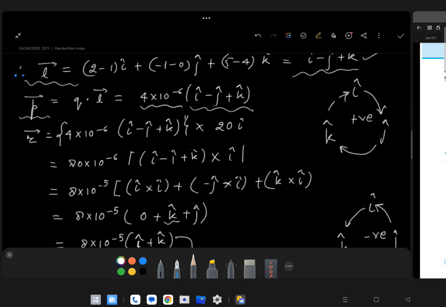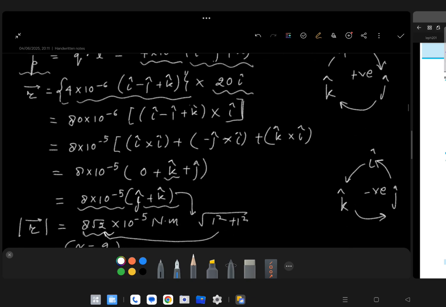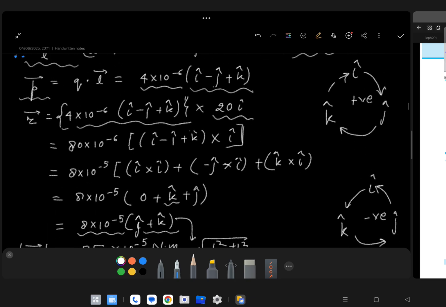So it will become vector P cross vector E. Okay, so the constants will come outside like this, and we will take the cross product of the vectors inside this square bracket. Now you know this trick. I know many of you might know this trick, but here I will repeat it again. If you have to calculate the cross product of unit vectors i cap, j cap, k cap, it goes like this.